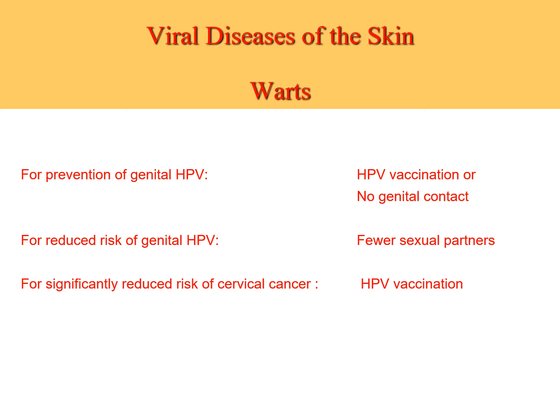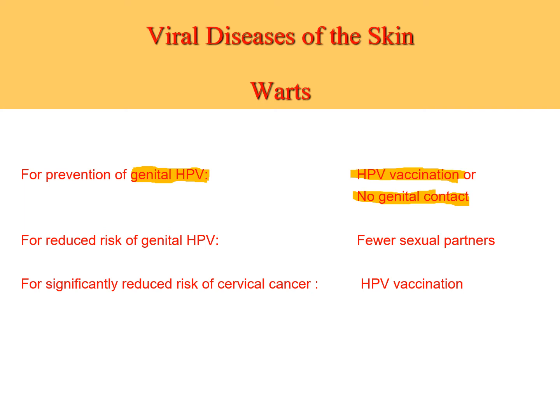There's two ways to prevent almost all cases of genital human papillomaviruses, which can lead to cervical carcinoma. One way is by human papillomavirus vaccination. There has been a very effective vaccine developed and has been available for the past 15 or 20 years. Or no genital contact.